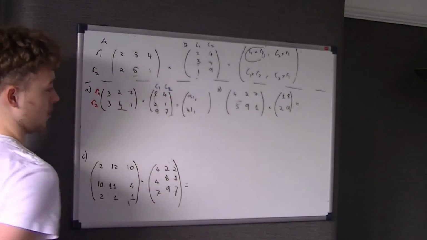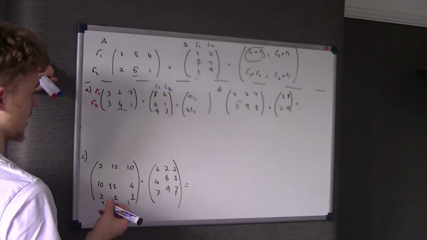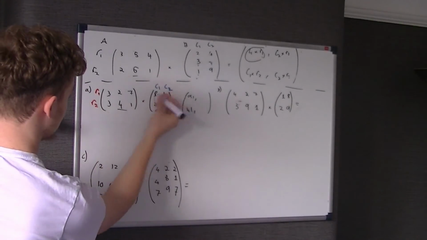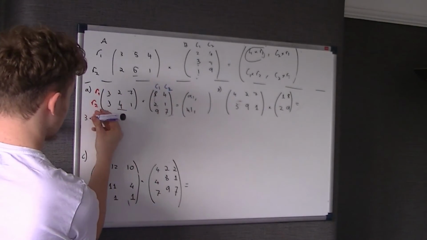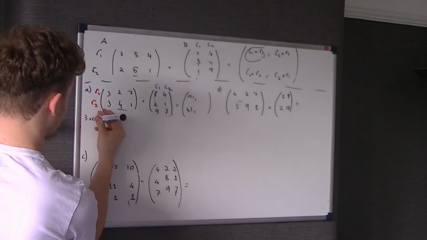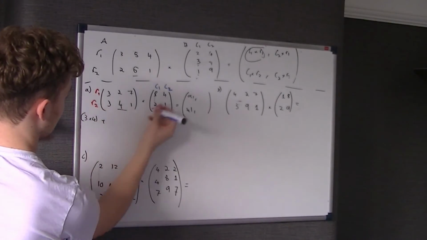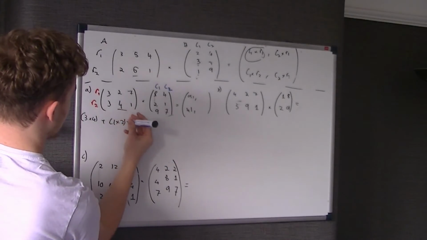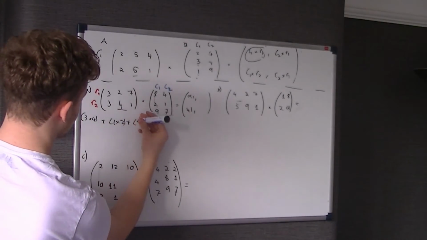Now we need to look at column 2, the second column of the second matrix. We're going to do column 2 times row 1. So it's 4 times 3, and you add 1 times 2, or 2 times 1, however you want to look at it, plus 7 times 7.